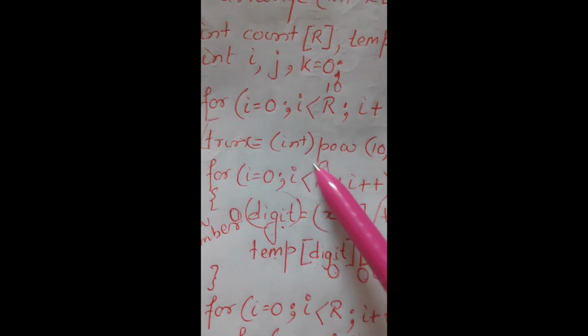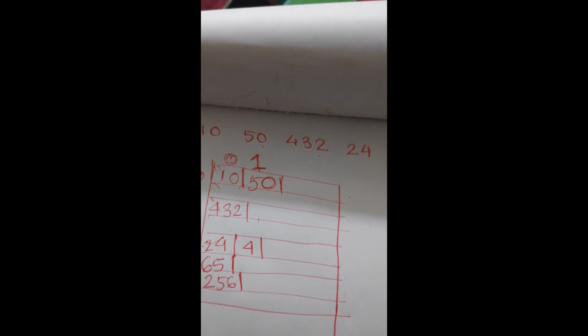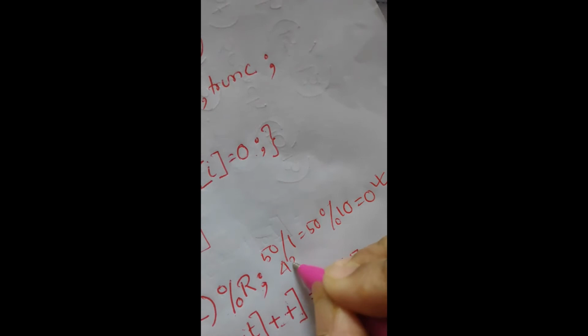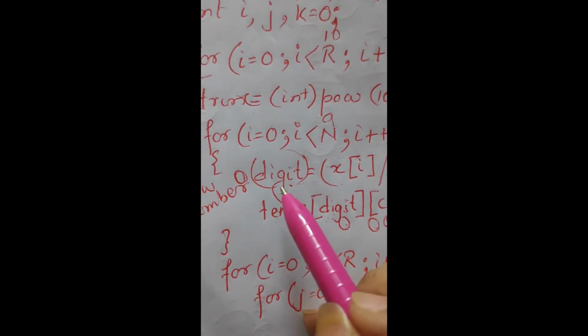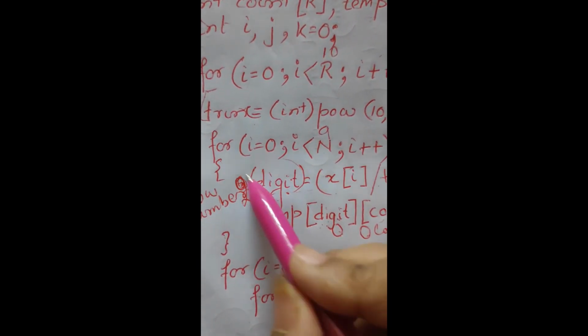Correct? So now you see, when you go to the next number, what is the next number in our list? Next number in our list is 432. Now 432 divided by 1 gives us 432 itself. Mod 10 gives us 2. Correct? So that means this is telling us we are to insert the number in the second row.